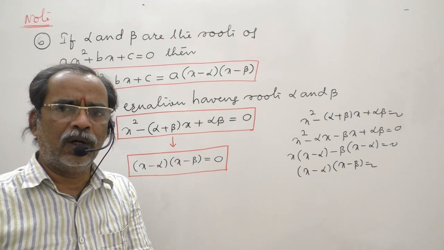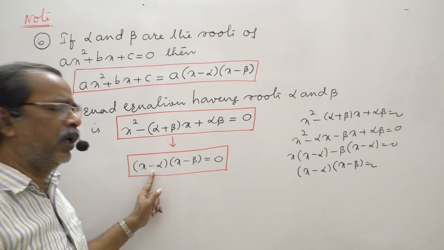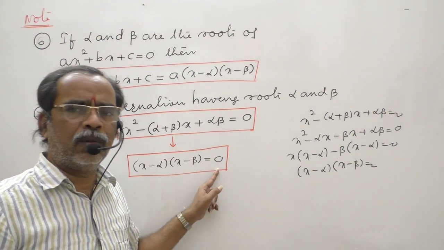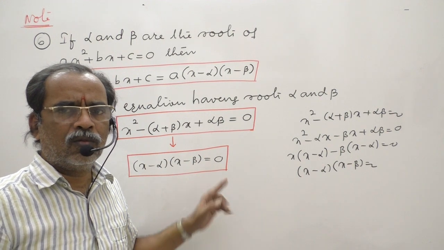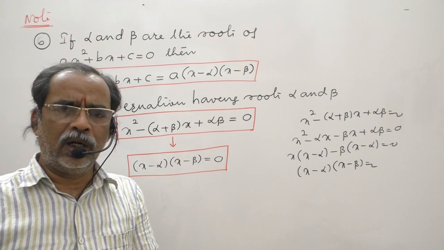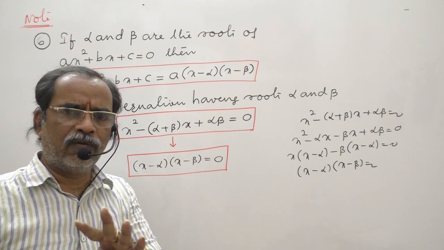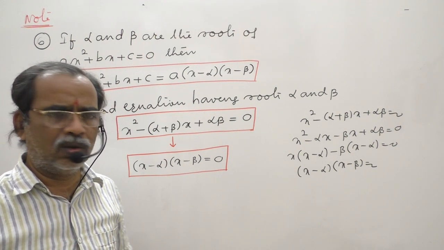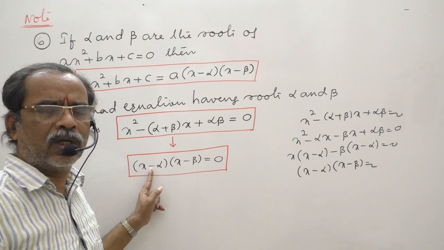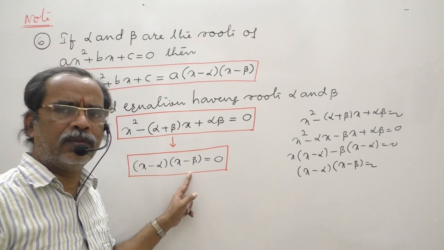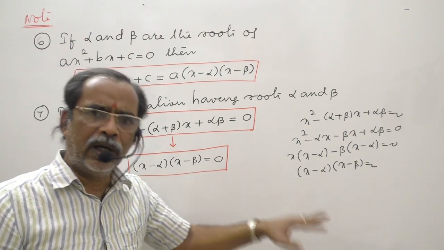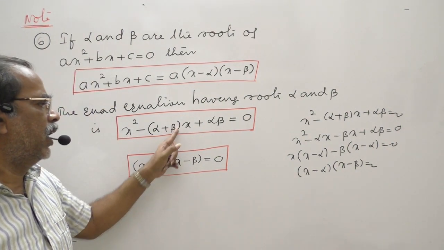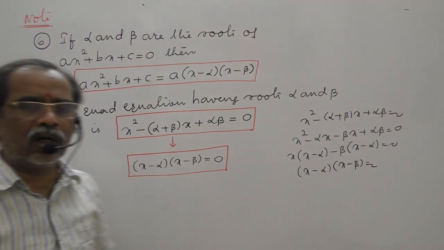Alpha, beta, gamma. What to do? x minus alpha into x minus beta into x minus gamma equal to 0. Similarly, if a fourth degree equation is there and four roots are given, we have to find the equation. What to do? Simple, same procedure. x minus alpha, x minus beta, x minus gamma, x minus delta equal to 0. Yes, this is the quadratic equation when roots are given.